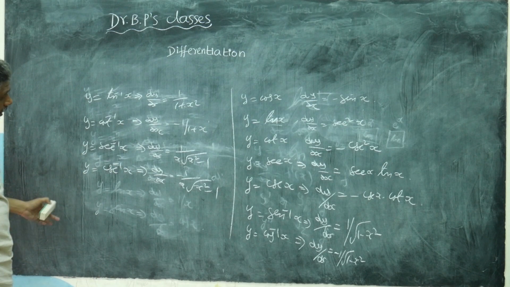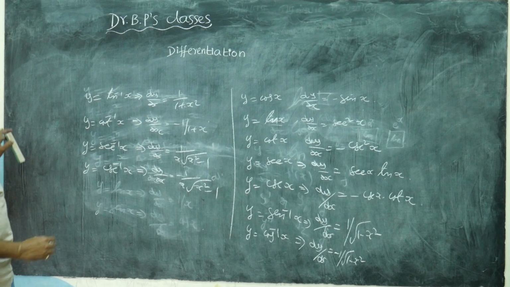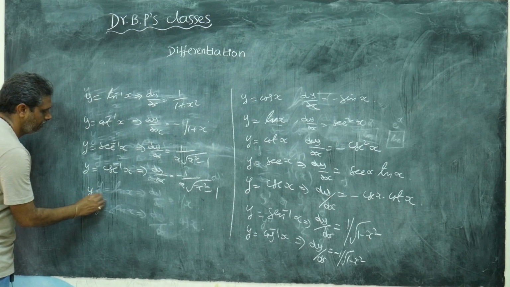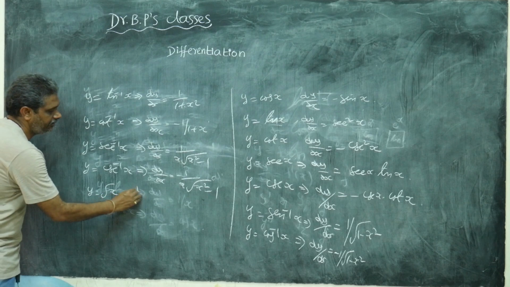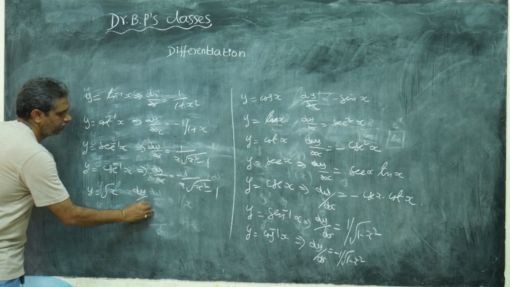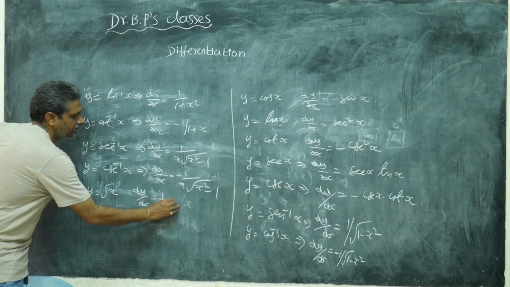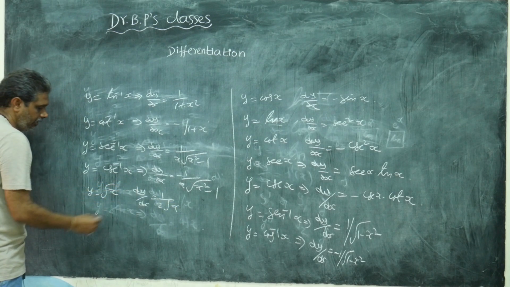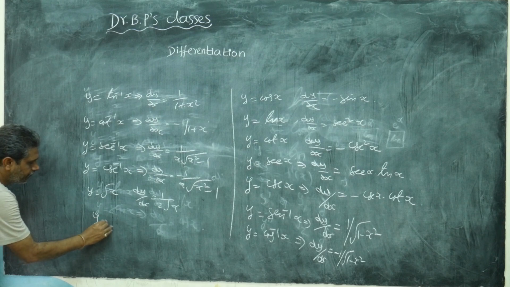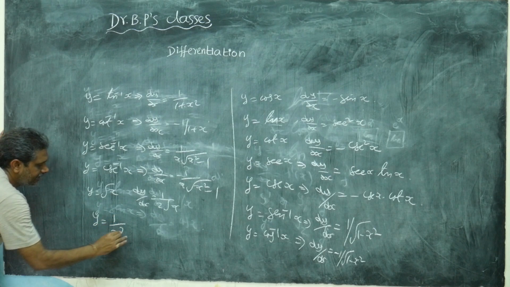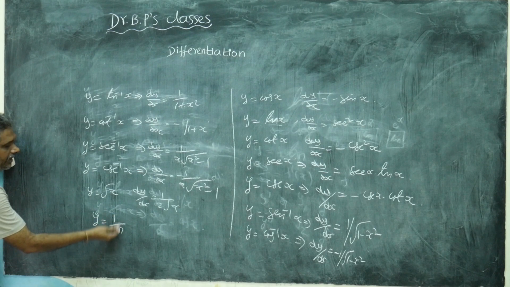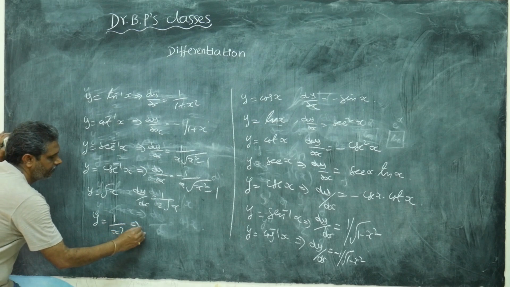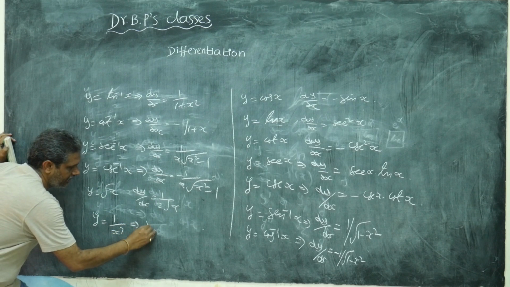Not only that, some important formulas you can remember. Suppose y is equal to root x, dy by dx you can remember as 1 by 2 root x, that is the x power n formula only, half will come front side, half minus 1. Suppose y is equal to 1 by x power 7 means x power minus 7.